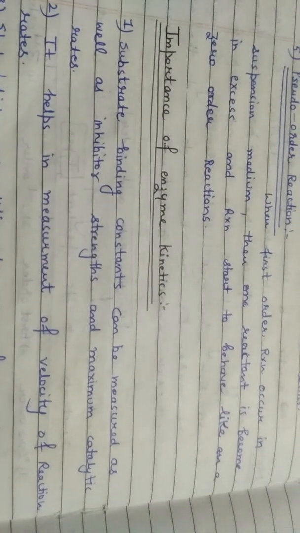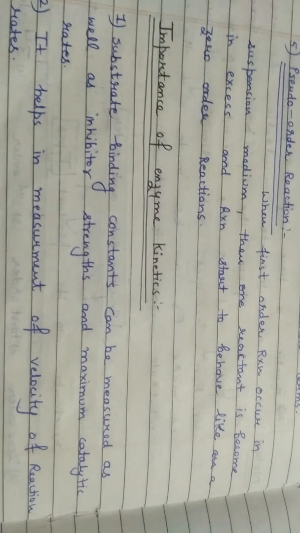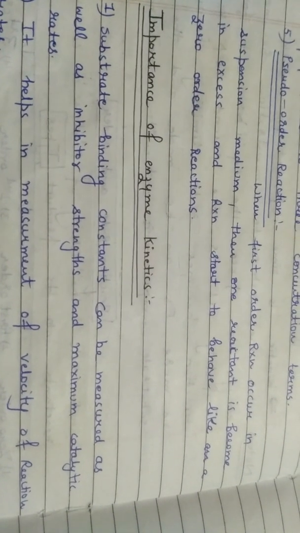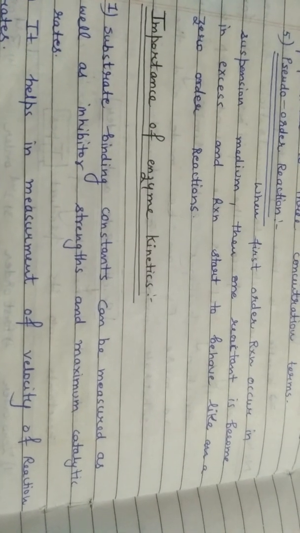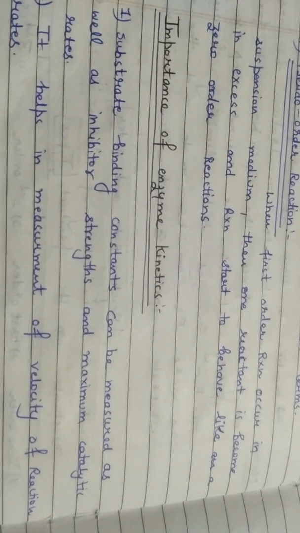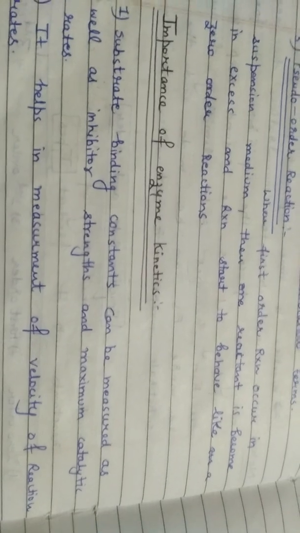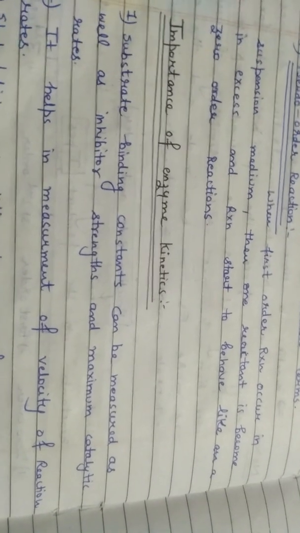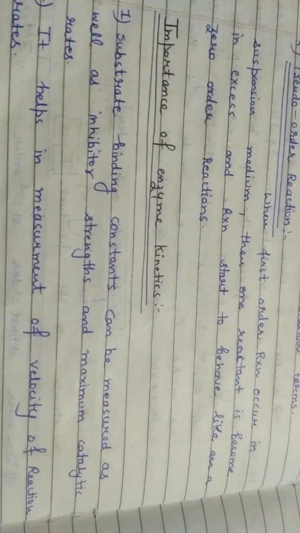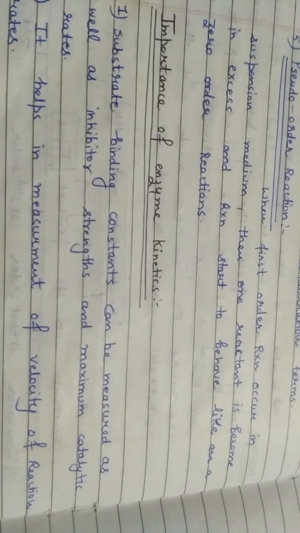So it gives us many important insights when we go through enzyme kinetics: how a substrate binds to the enzyme, whether it binds at its active site, how allosteric modulators inhibit an enzyme reaction or bind to the allosteric site of an enzyme, and how the substrate binding constant is measured.